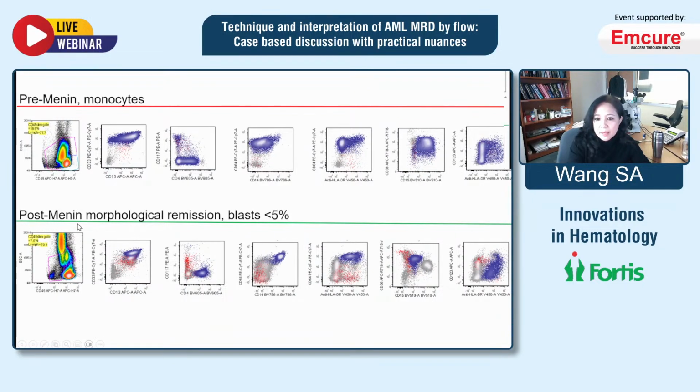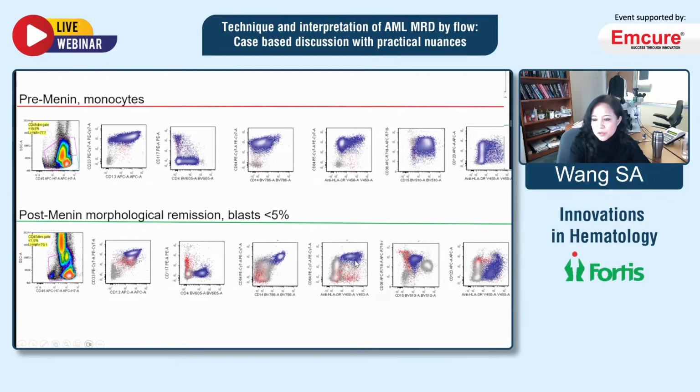But post-menin inhibitor, the patient achieved morphological remission with less than 5% blasts. So you can see here it's very different. The monocytes are now coming here. We have a lot of granulocytes; before we had almost no granulocytes. And the monocytes look very mature. If you see CD64, CD14, it's completely expressed.